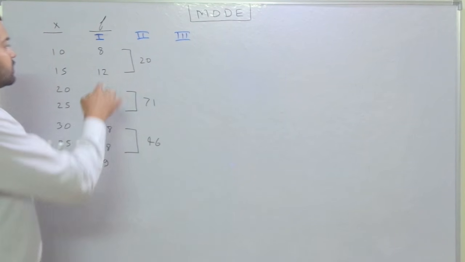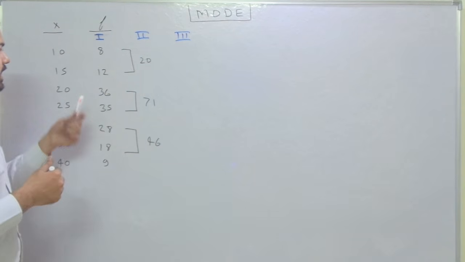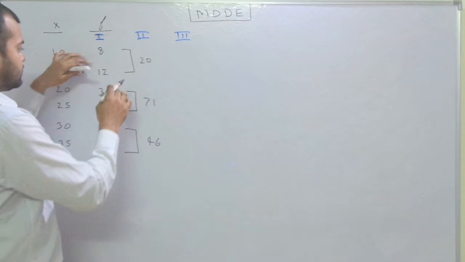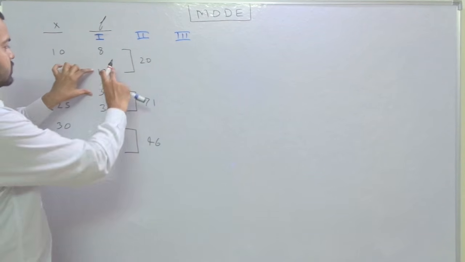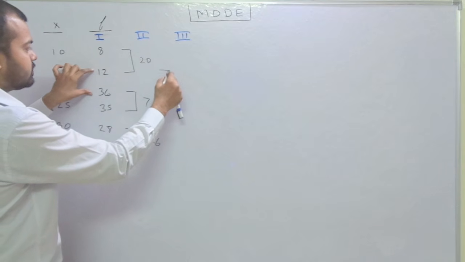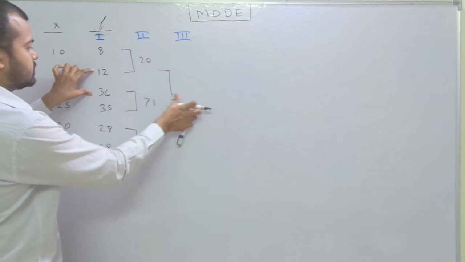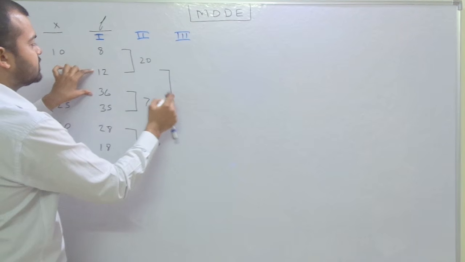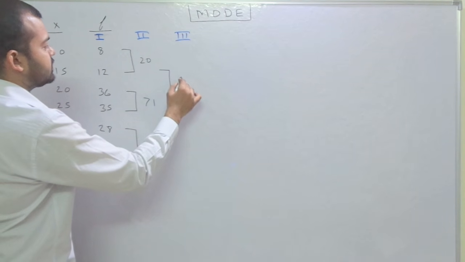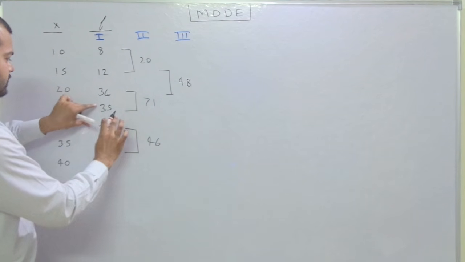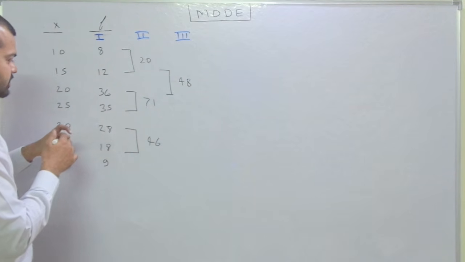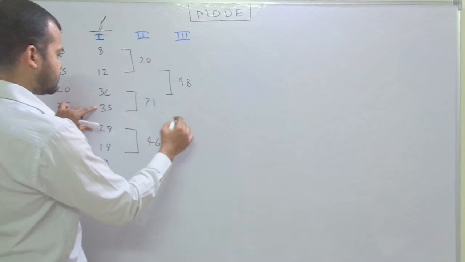Now when we make the third column, we have to leave the top figure, that is 8, and just add 12 and 36. So 12 plus 36 is 48. Here 35 plus 28 is 63.